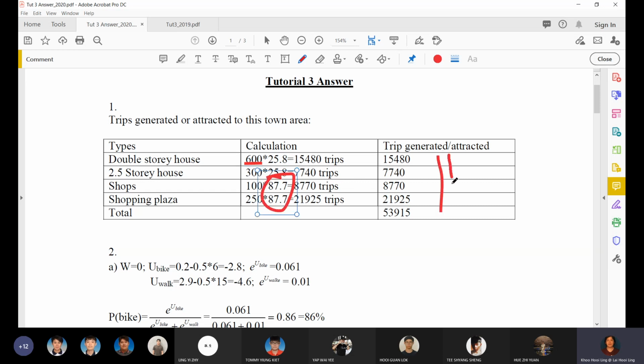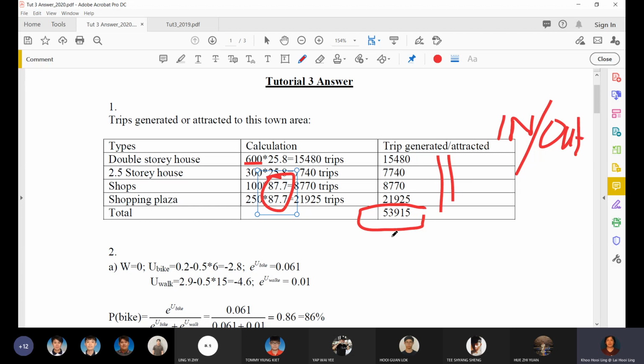So these are the trips expected to be generated from this town area, and this is the total value. This is how we use the manual to calculate that. This one is only one-sided, generated or attracted. If you look at our manual, we have in and we have out, which is generated or attracted.